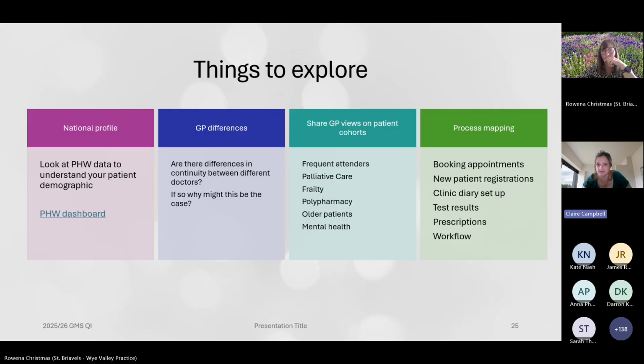In the toolkit, you'll notice that there are links to English statistics and measurements. So obviously we'd like to make this more relevant to us in Wales. We've got the Public Health Wales dashboard and StatsGov dashboard that it's really worth looking at. If you haven't already had a chance to look through this, it provides a really good breakdown of patient statistics and trends over the last decade, looking at cluster level and practice level statistics.